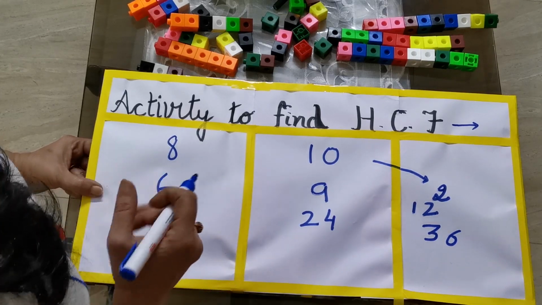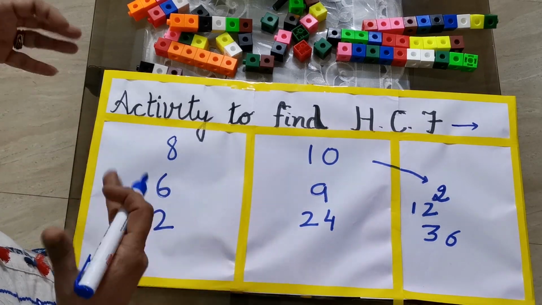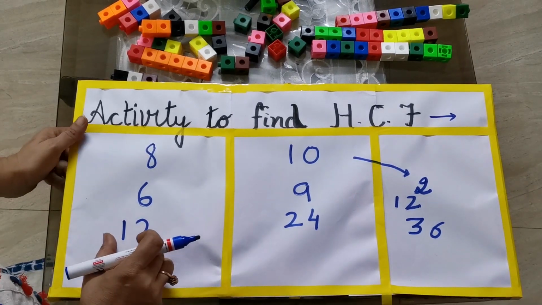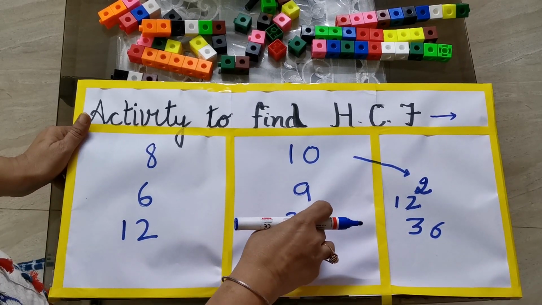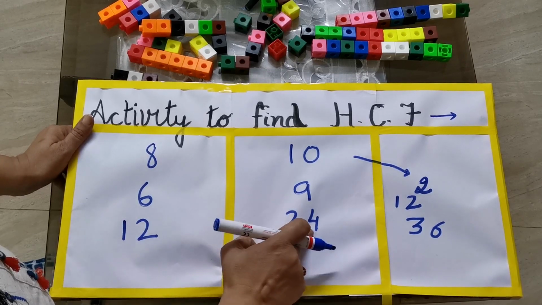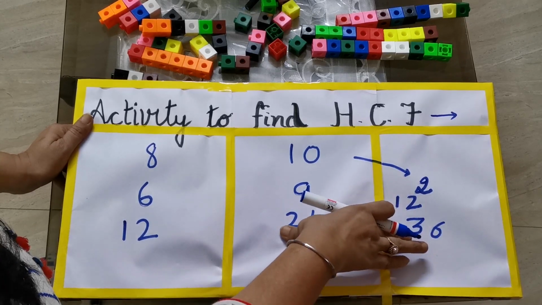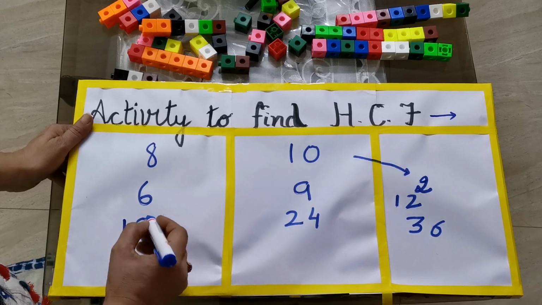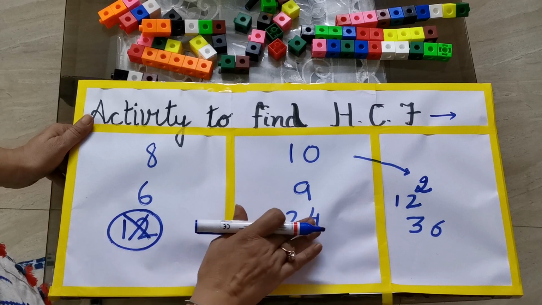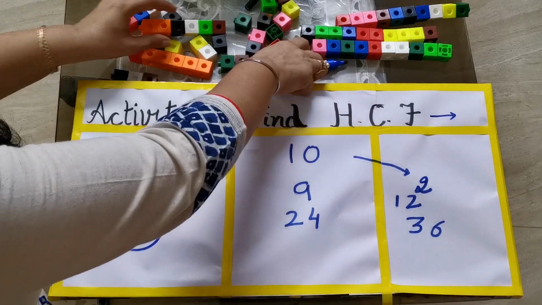So once again we can do that thing here also, but if we have learned the tables also, we know that 12 is a factor of 24. 24 is a multiple of 12. 12 2s are 24 and 12 3s are 36. Both these numbers are multiples of this number. We just put a cross here and we have to take out the HCF of 24 and 36.